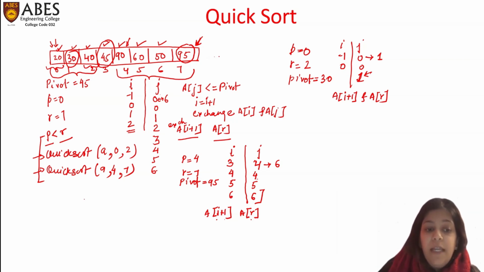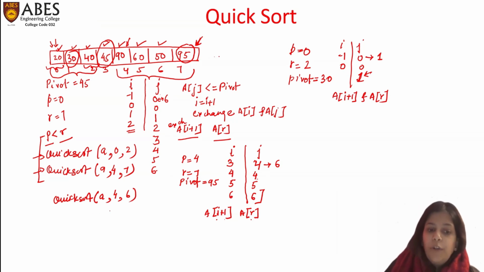For the left hand side, the recursive call that we are going to make will have the same array A, with the lower bound set at 4 and the upper bound set at 6.